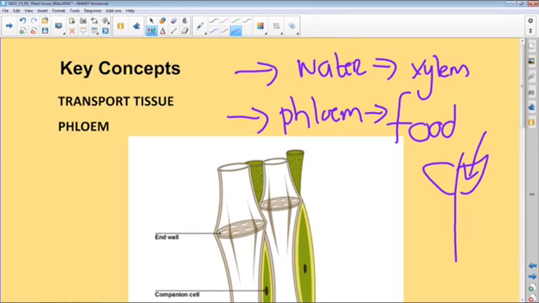Through photosynthesis, they make food, which we usually call starch. And where must that food go? It must come downwards, so it's like having two different elevators. The xylem takes water up to the leaves so that we can lose it in transpiration, and the leaves make food during photosynthesis, and that food must come downwards.